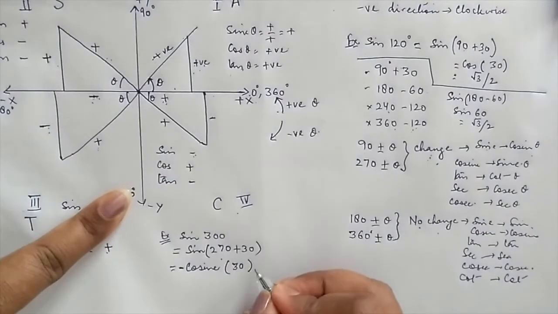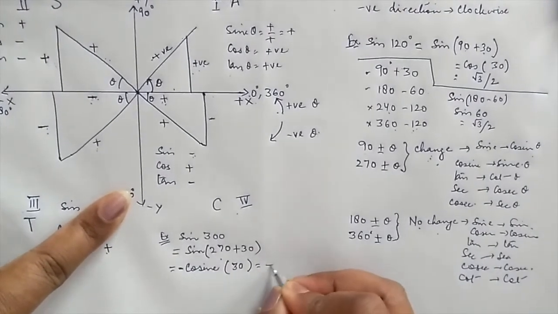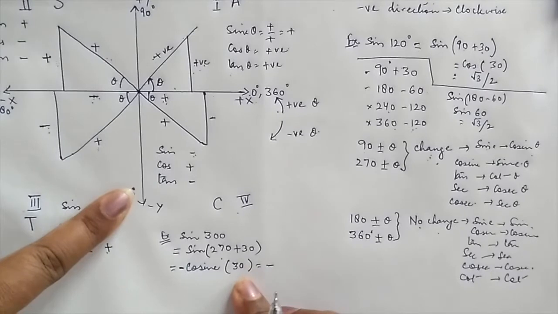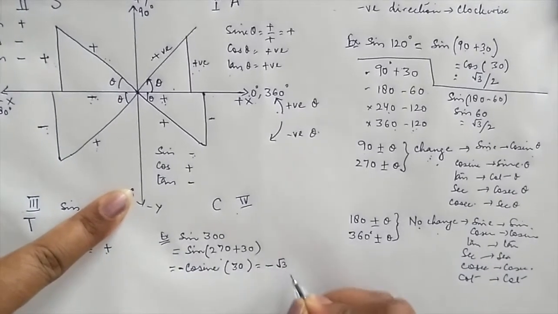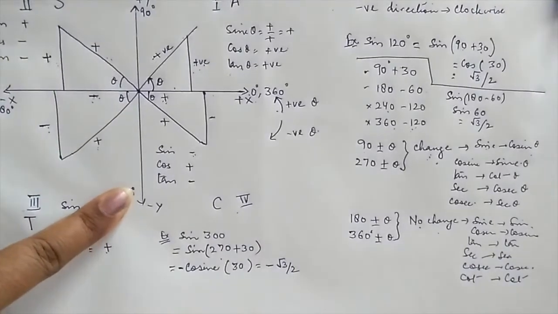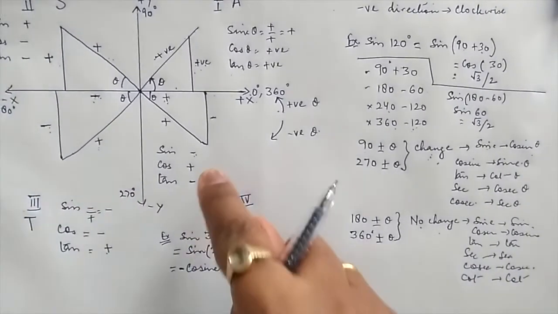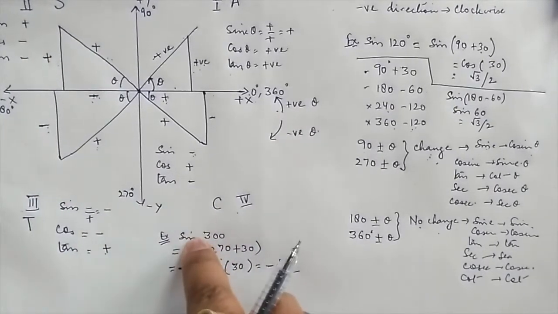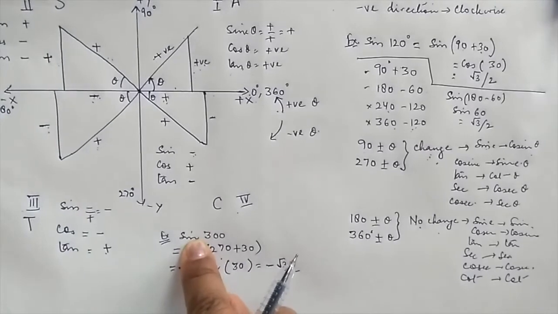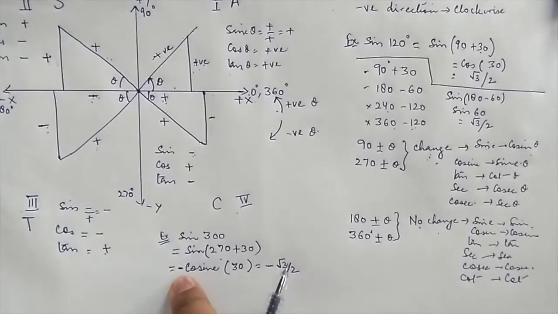So therefore, it is now minus, and cos 30 is what? Root 3 by 2. So it is minus root 3 by 2. So you are now looking at the fourth quadrant also and the nature of this original trigonometrical ratio given to you. Whatever is the nature, that is also to be attached as the sign.